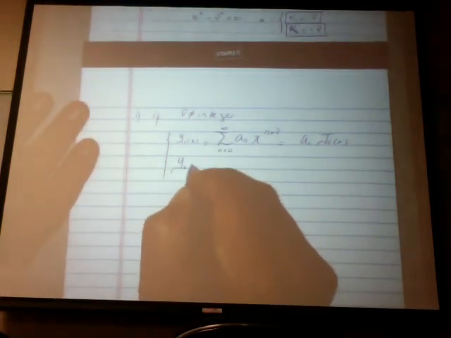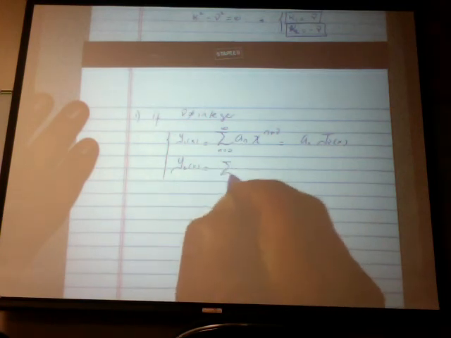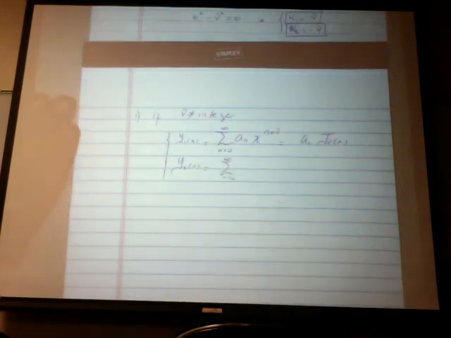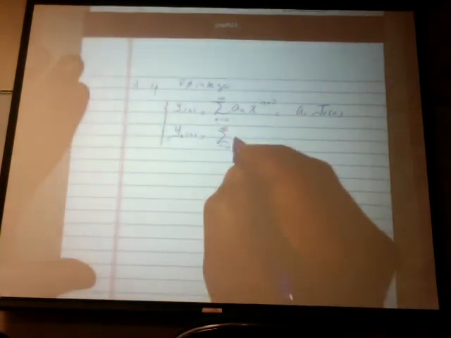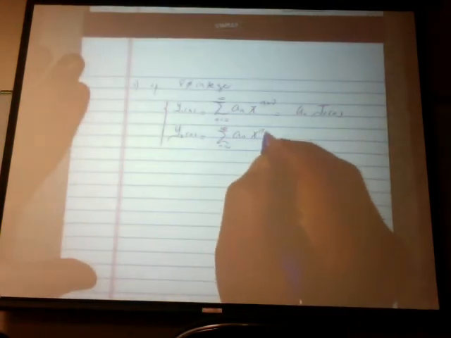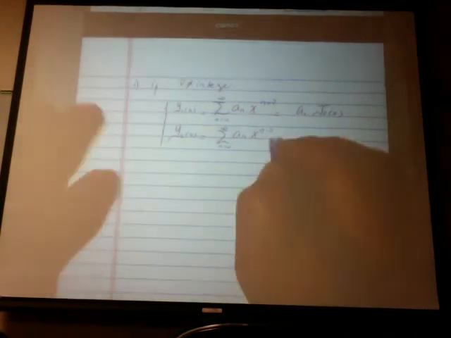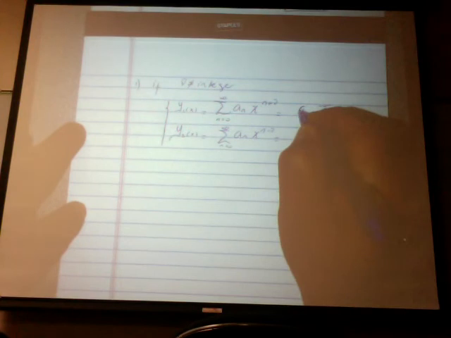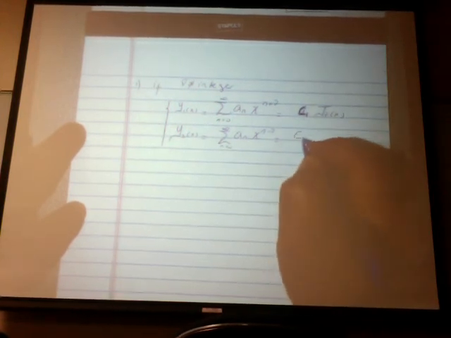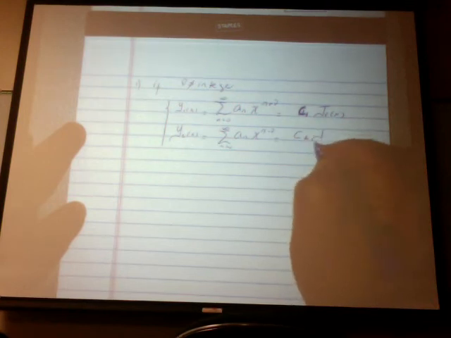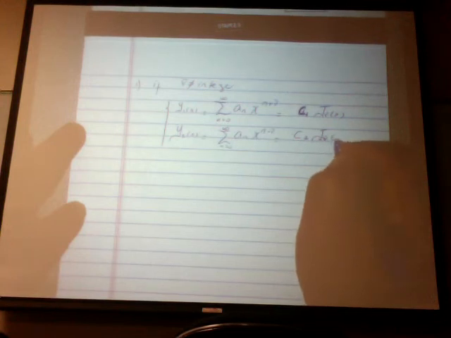And y2 of x is equal to the summation from n equals 0 to infinity of an x to the n minus nu. Again, we take the derivative of that twice, put it in the equation, find a recurrence relationship, see how those coefficients relate to each other. And I'm going to call this one C1, just to avoid confusion. It can be any constant. And this one is C2 times J to the minus nu of x.